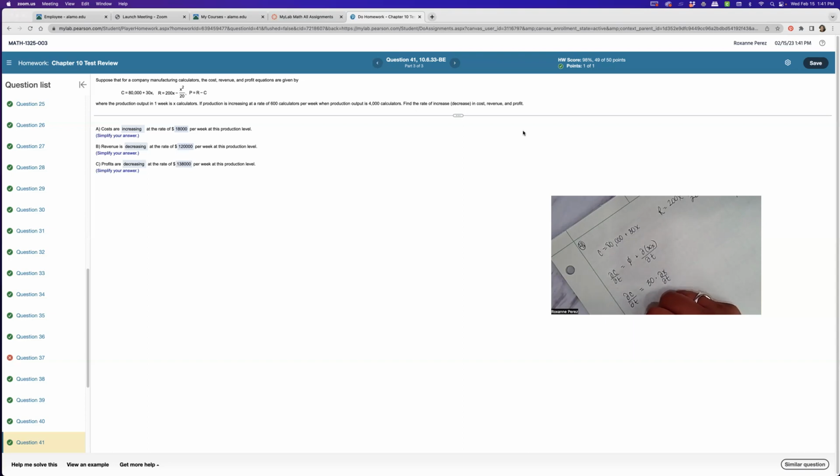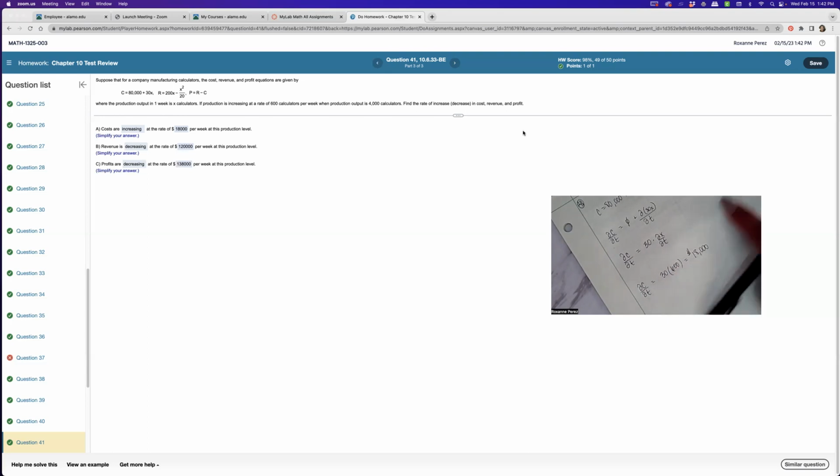So our change in cost with respect to time is 30 times 600, and that gives us 18,000. So that's our rate of increase in cost with respect to time at a production of 4,000 with a rate of change of 600.